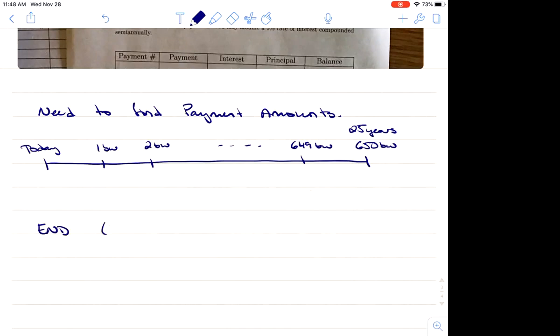It's at the end because it's not clear. Remember, the default is that it's going to be at the end. If these payments are at the beginning, then I would have to make that very clear, right? Beginning of the bi-weeklies or whatever. Okay. So that means we have a payment here, a payment here, a payment here, and a payment here.